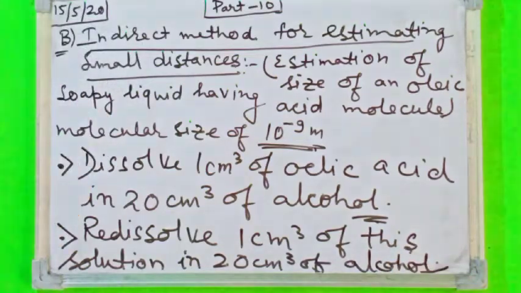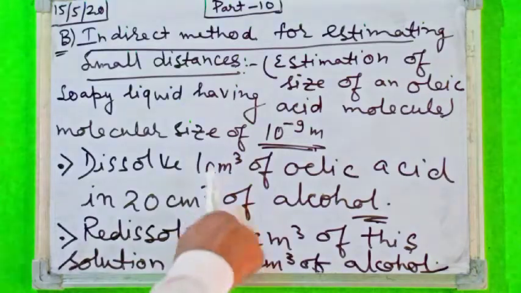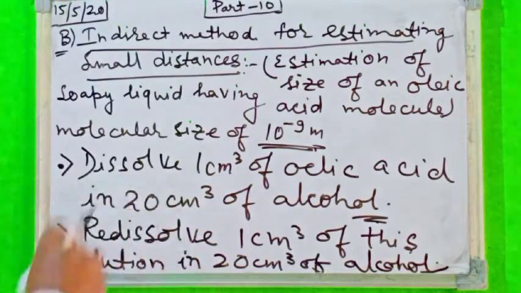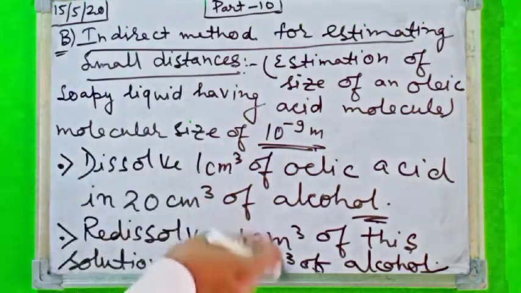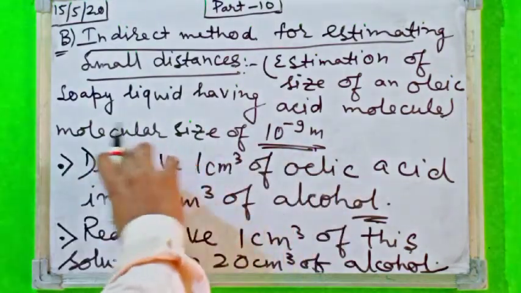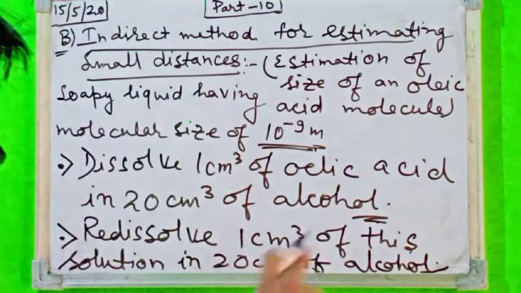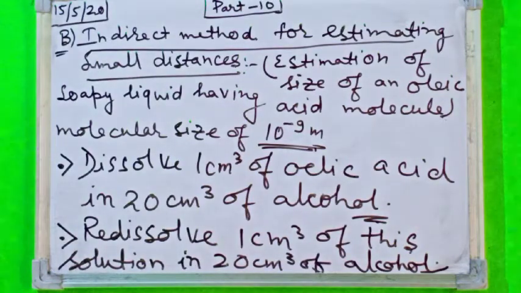Clear? These are our first two steps. First we dissolved 1 centimeter cube of oleic acid in 20 centimeter cube of alcohol. After that, we took 1 centimeter cube of the solution obtained in the first stage and redissolved it in 20 centimeter cube of alcohol.